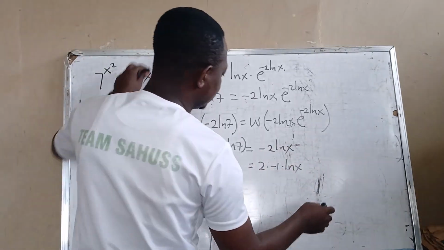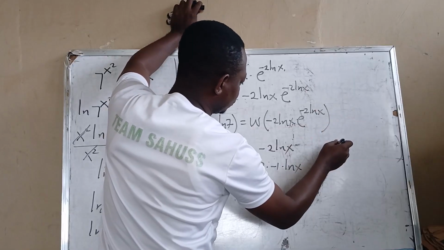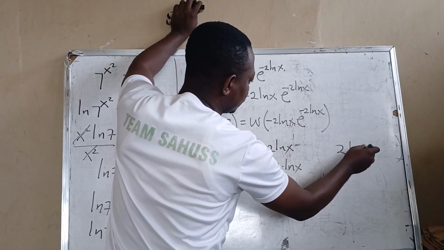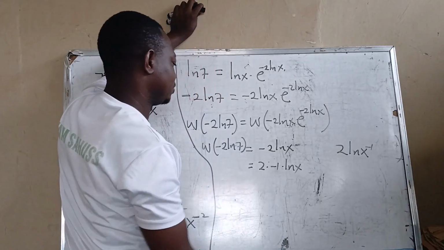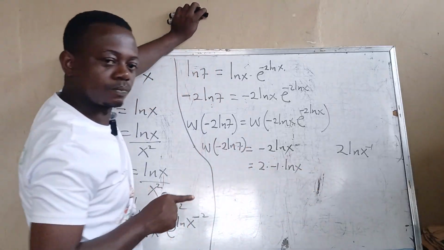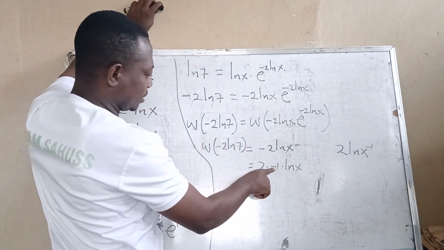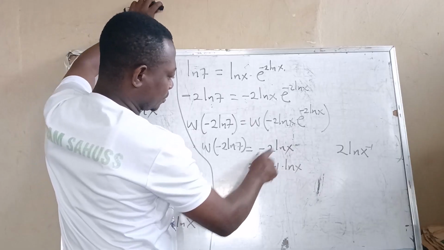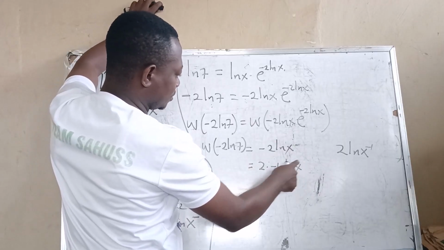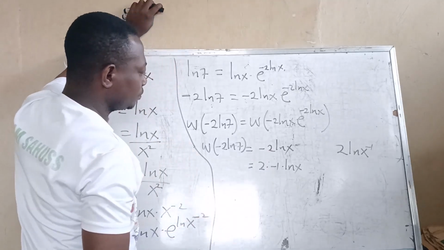So that will be 2 ln of x to the power minus 1. So this one will be the same as this. Okay, so pair this one: minus 1 ln of x, so negative will come here. So I'm left with these two.